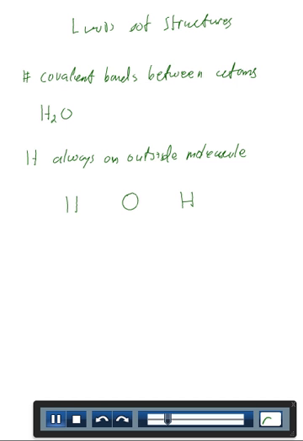And so in order to know how many dots and the arrangements to put around the atoms, we look at the electron configurations. Oxygen has the following electron configuration. I'm going to draw the configuration in this graphical manner.